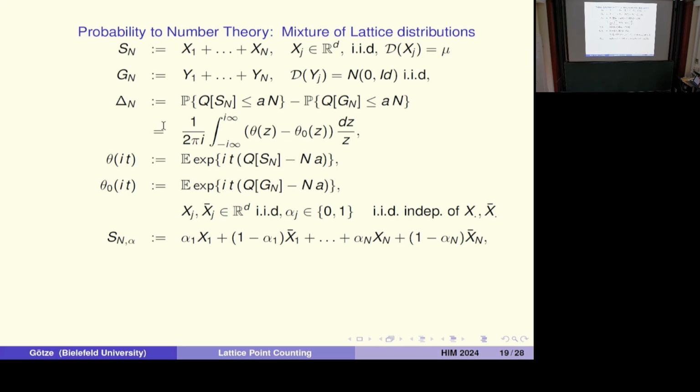Because if we play the following game, if we take random vectors xj and xj bar, and independent coins, 0 and 1, which are independent of those, and then form this mixture. Either we take x1 or we take x1 bar with probability 1/2. And so on. Then we get a new sum involving two sets of random vectors and an independent set of coins. This has obviously the same distribution as the original one. Yeah?